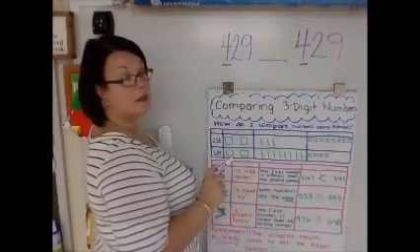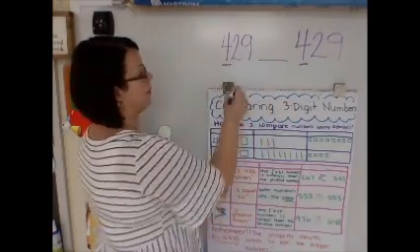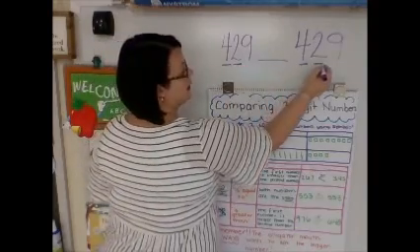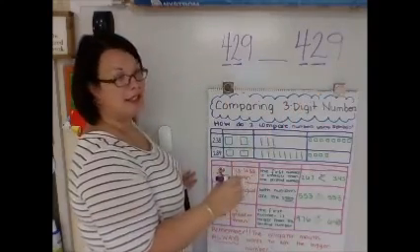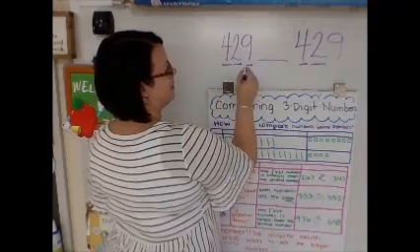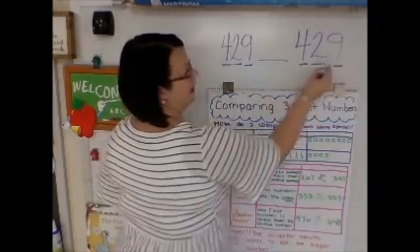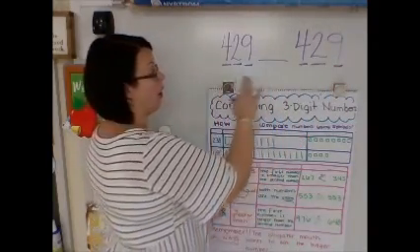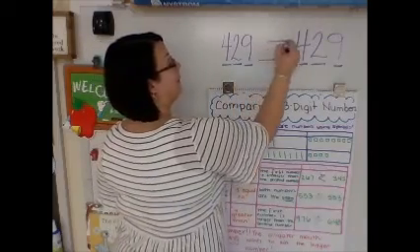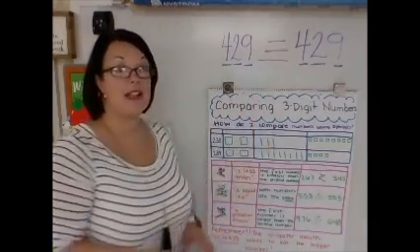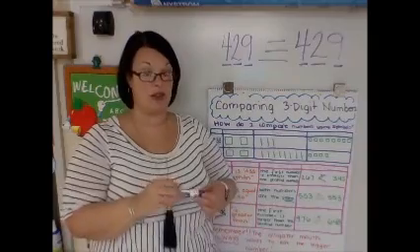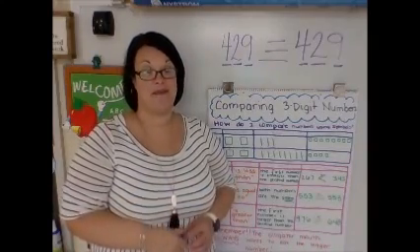Look at the number in the hundreds place first. Both the same. Look at the number in the tens place next. Both the same. Look at the number in the ones place next. Both the same. So because all the digits are the same in the same places, 429 is equal to 429.